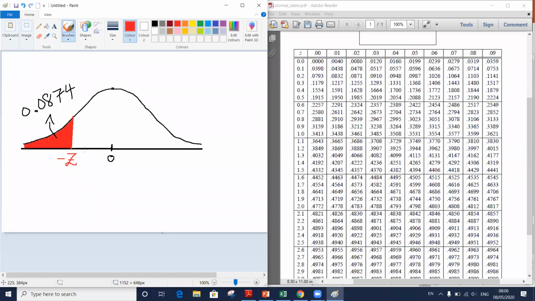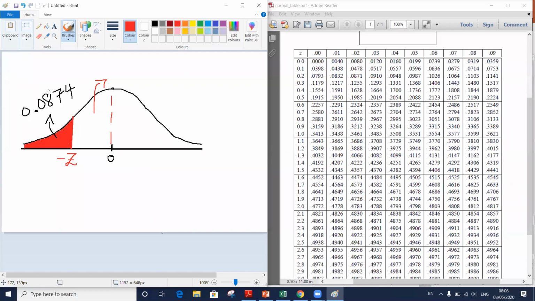Right? This is a negative z value. What should the probability for this portion be? Since it is symmetrical, the total area to the left of point 0 is 0.5.